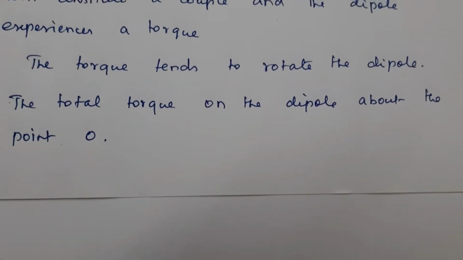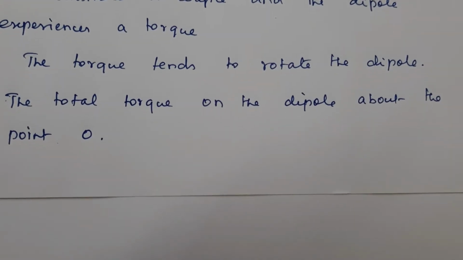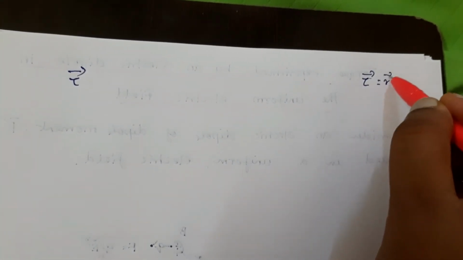The torque is expressed by the letter tau, represented as tau vector. According to the definition, tau is equal to R cross F vector, distance into force.